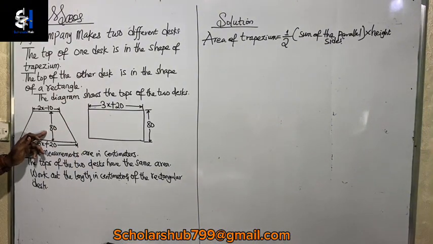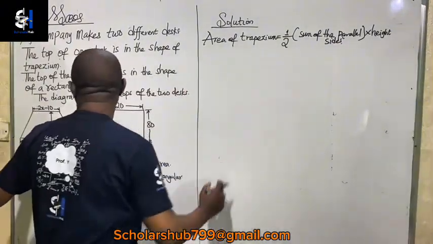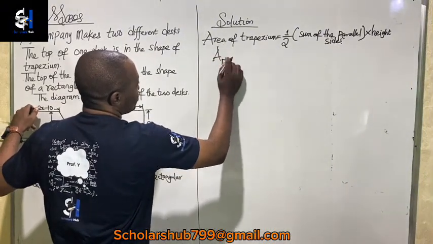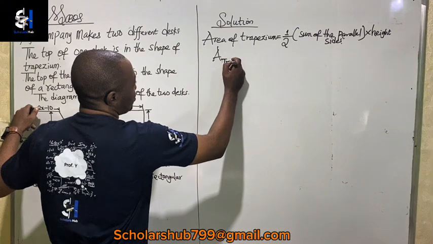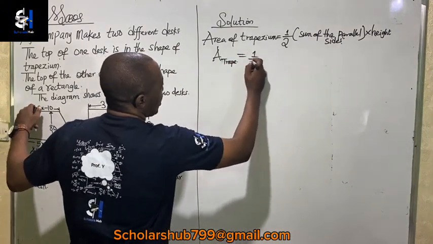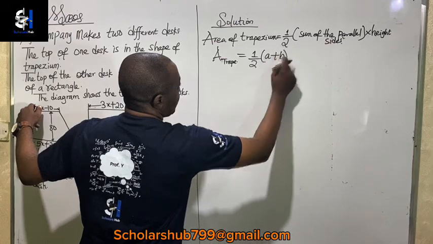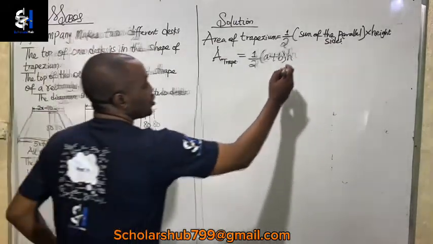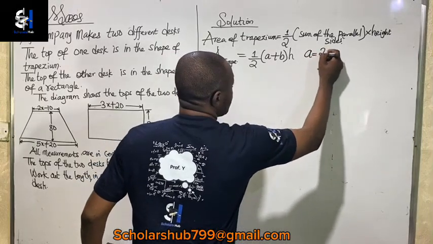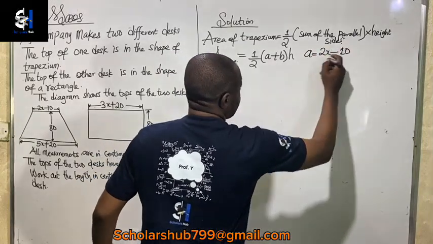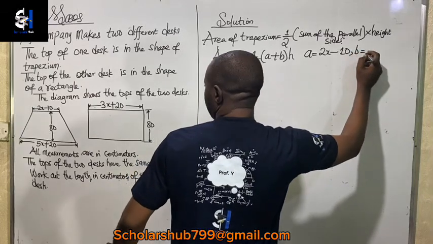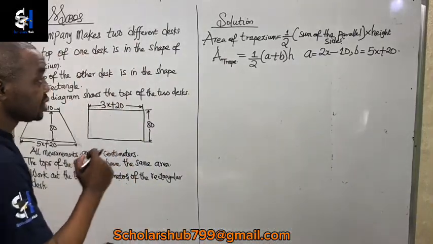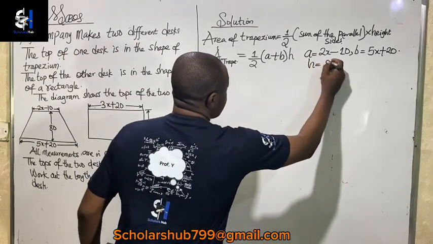So the area of the trapezium would be 1/2 of (a plus b), the sum of the two parallel sides, times the height. Let's say this is a and this is b. a equals 2x minus 10, then b equals 5x plus 20. In this case, the height is 80.